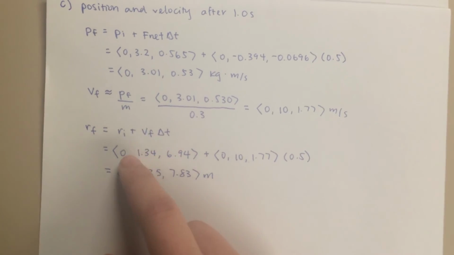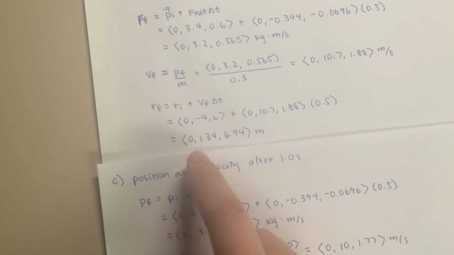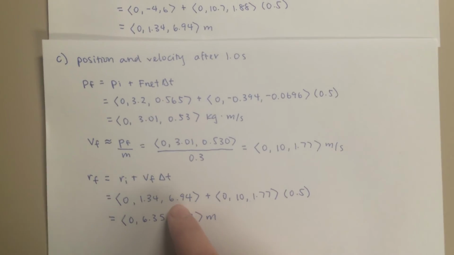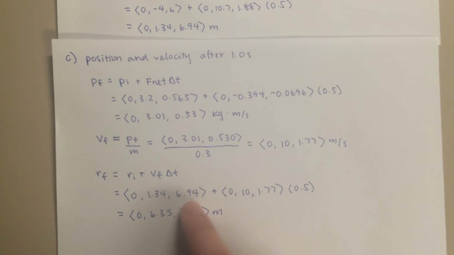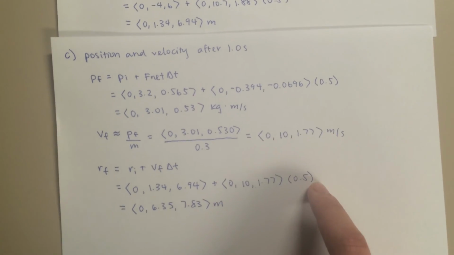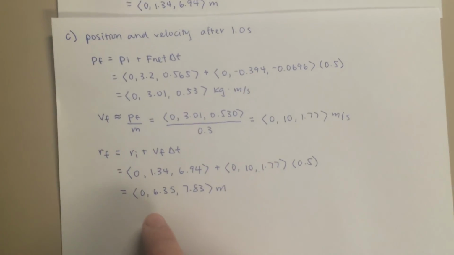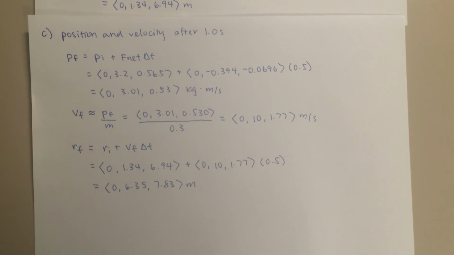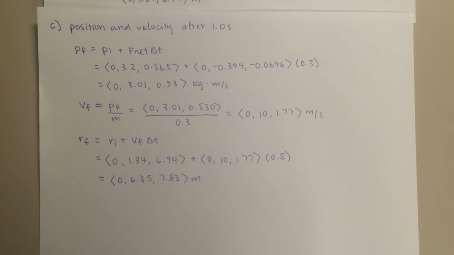We're using the final position from the time step before as the initial position, just like with the momentum. So the initial position would be 0, 1.34, 6.94, and then the final velocity, which we just calculated, and delta t. The final answer will be 0, 6.35, and 7.83 meters. And that'll be the final answer to our problem. Thank you.